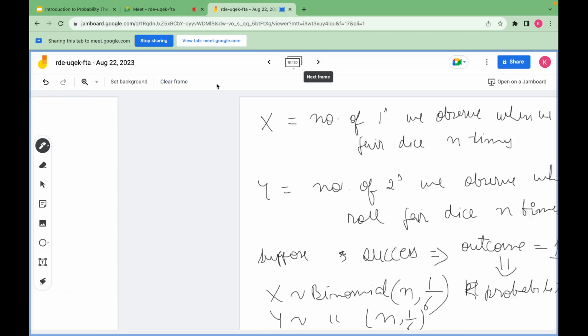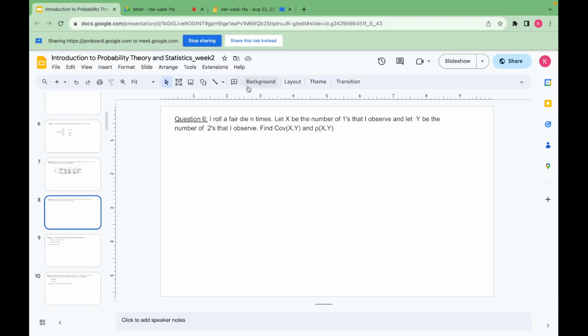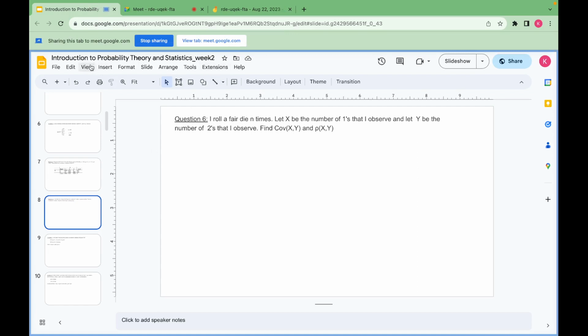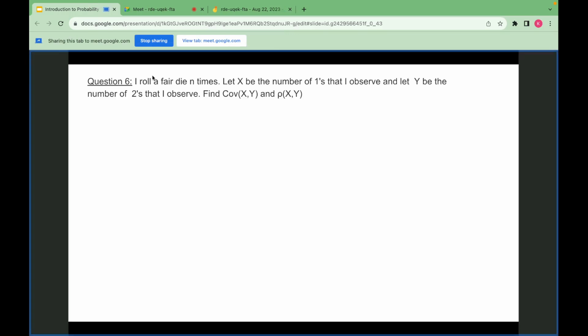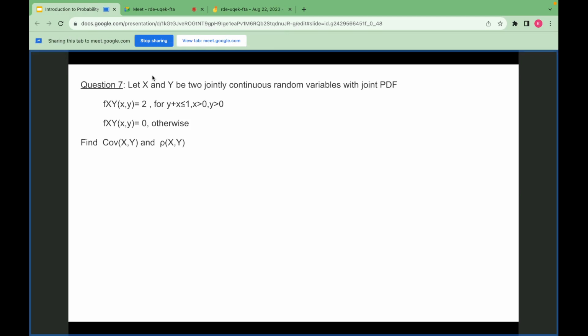Okay, so moving to the next question. We are given that x and y are two jointly continuous random variables with joint PDF f of x y equal to 2 when x plus y is less than 1 and x and y are both greater than 0, and 0 otherwise.